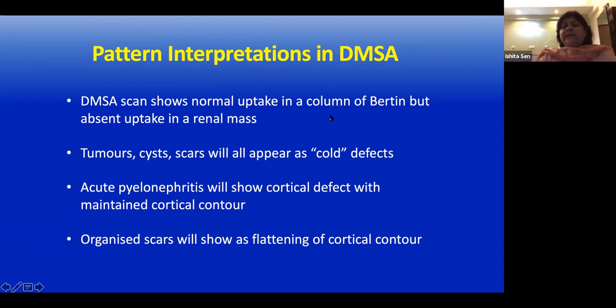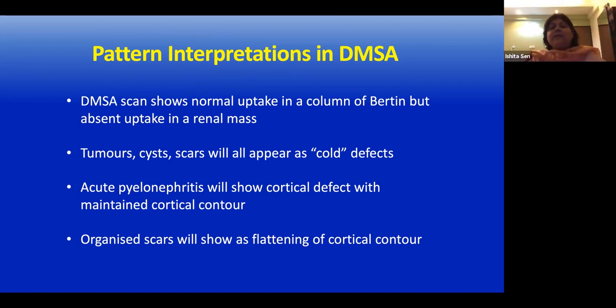Normally, even a column of Bertin will show normal DMSA uptake, whereas in a renal mass or a renal cyst or a renal scar, there would be absent uptake. So it is not just morphology, but also the metabolism of the renal tissue, which is important.